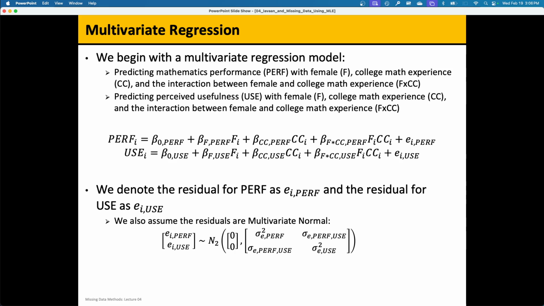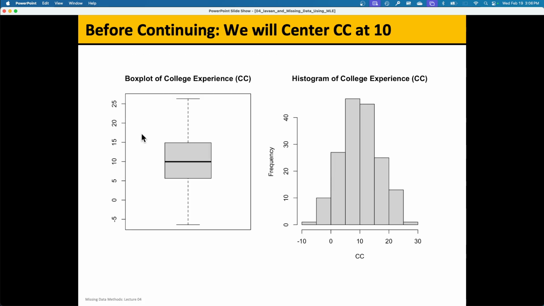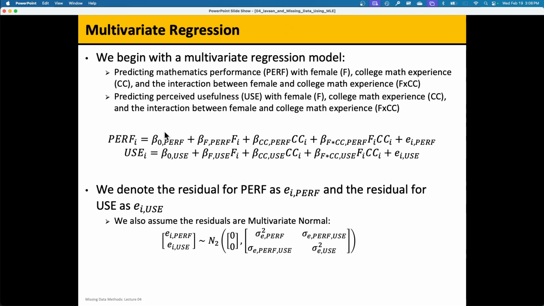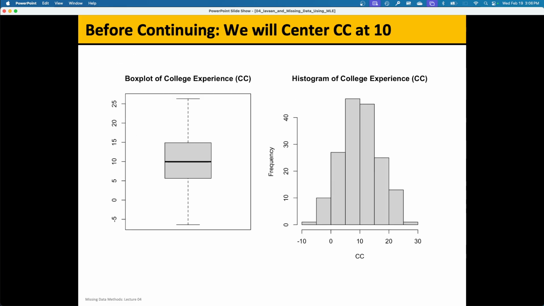They do not appear anywhere on the left-hand side. To make them endogenous, not only do they have to appear on the left-hand side, they'd have to be predicted by something. We can add a variable to our model with an empty part to it. But anyway, female and college experience are both exogenous variables in this example.